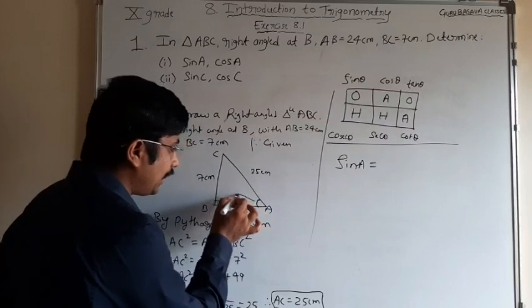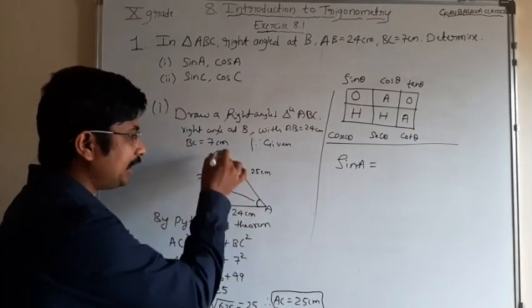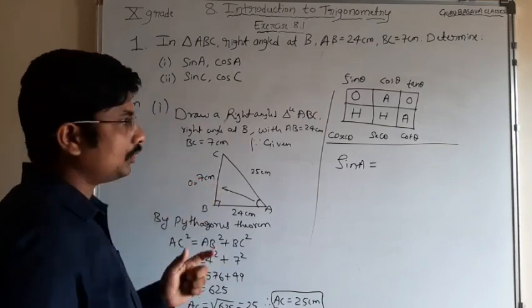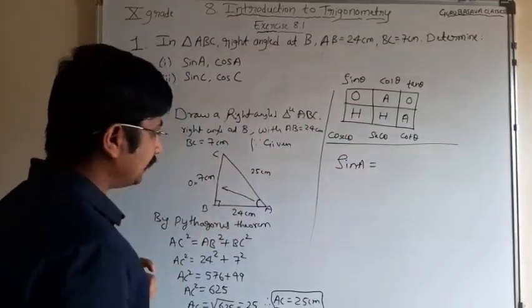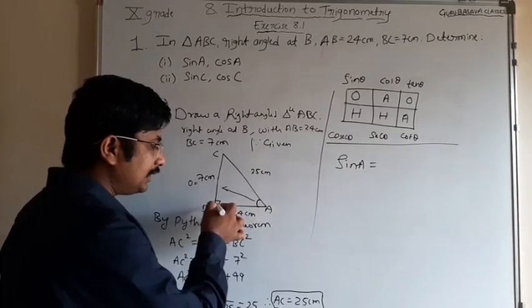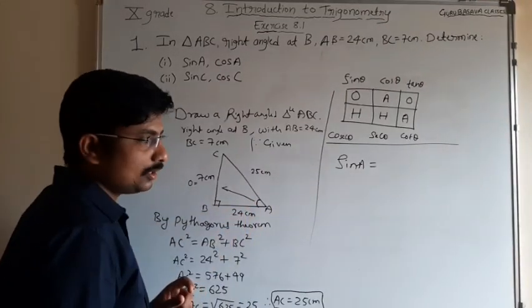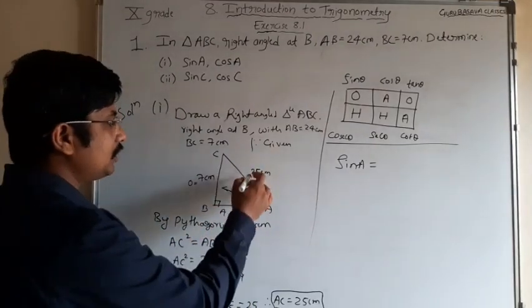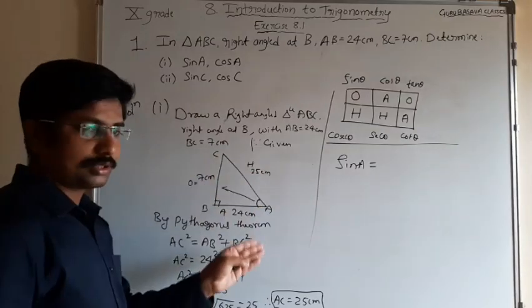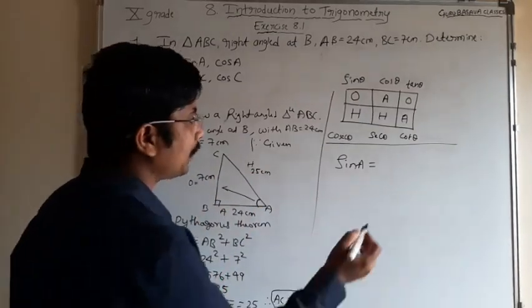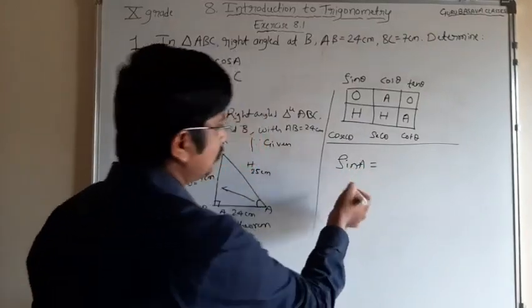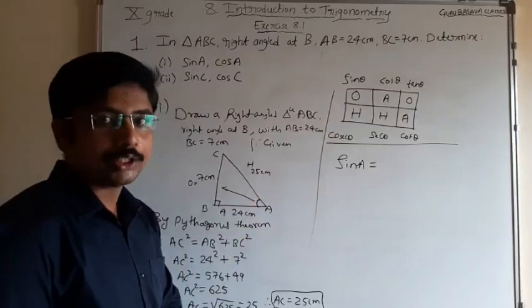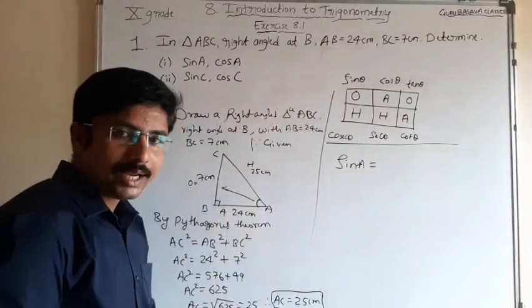I will denote it as O, opposite side. Its adjacent side we call the base, or adjacent. And AC will be the hypotenuse.